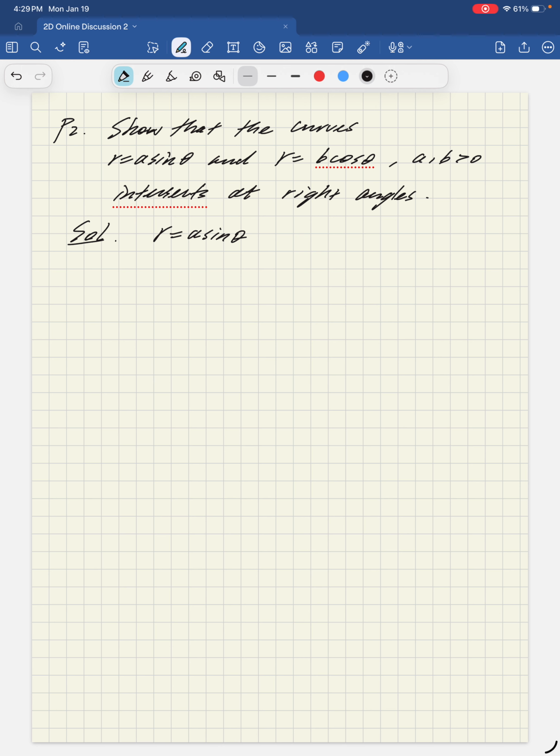Remembering our relations, that is r squared equals x squared plus y squared, and x equals r cosine theta, y equals r sine theta. We can multiply both sides of this equation by r, getting r squared is a r sine theta.